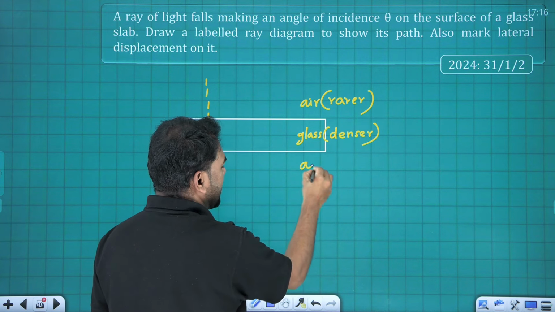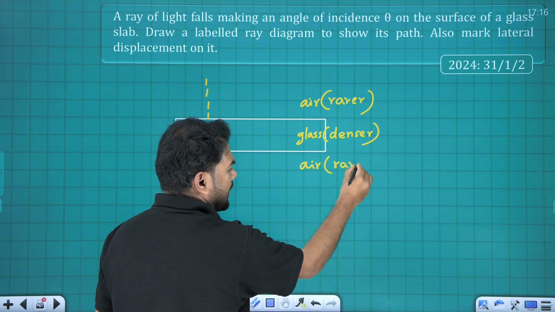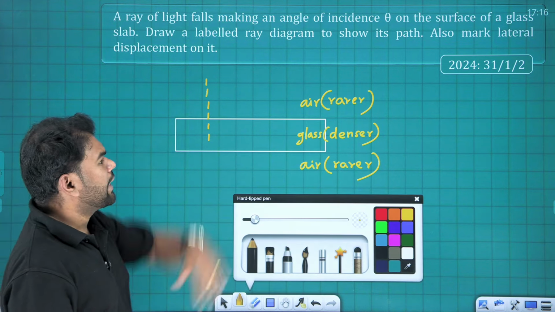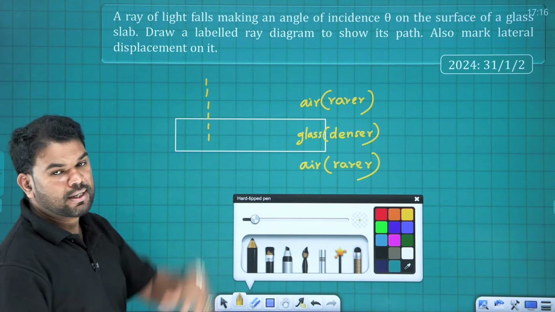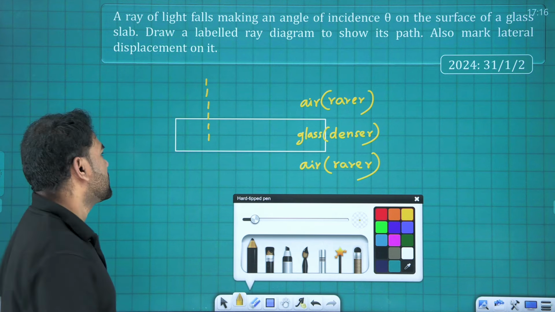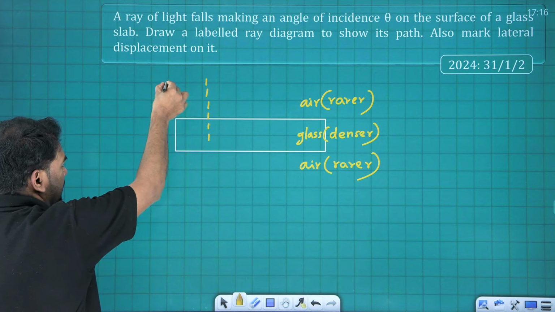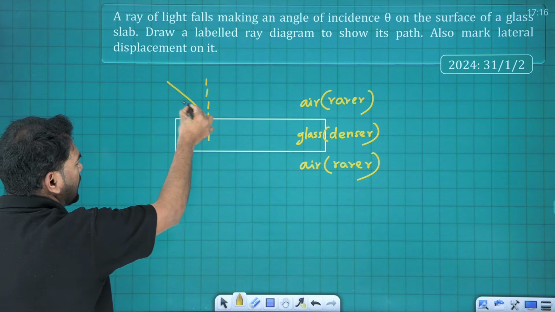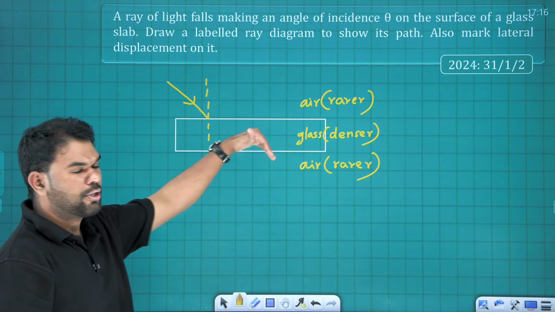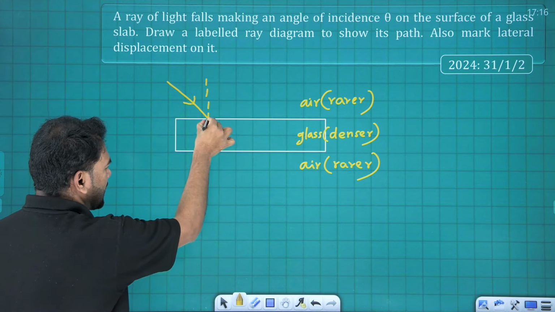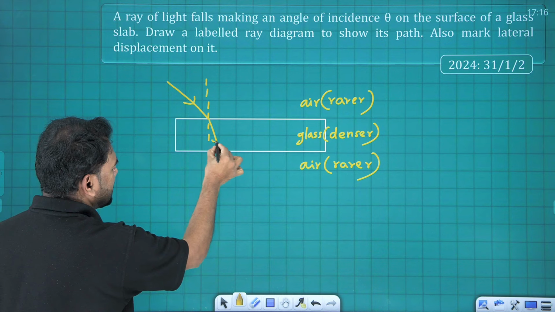Now the third one is again air, rarer medium. So your question is to draw a labeled diagram and mark lateral displacement. You can see that here the ray is coming from rarer to denser. Rarer to denser, you know that the ray will bend towards the normal. So after refraction here, the ray will bend towards the normal like this.